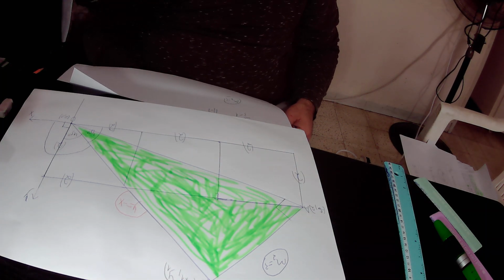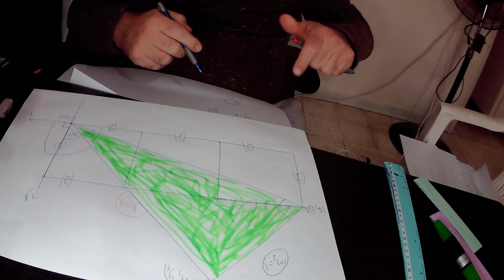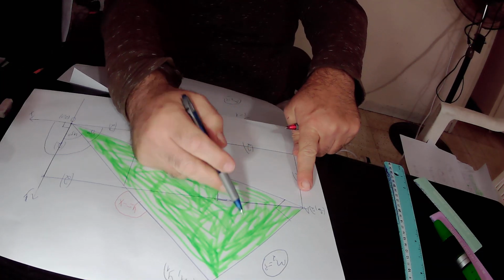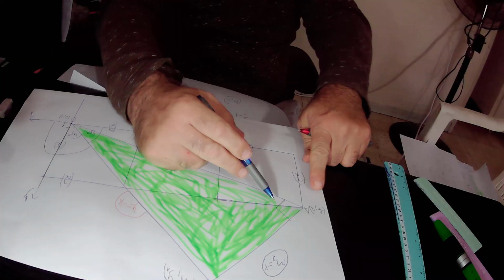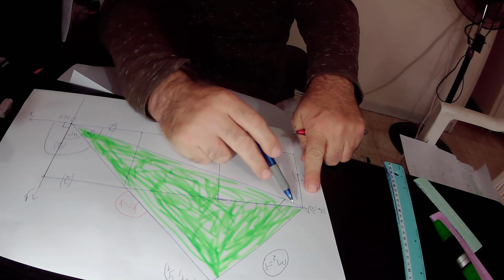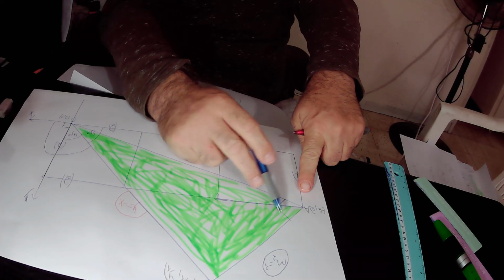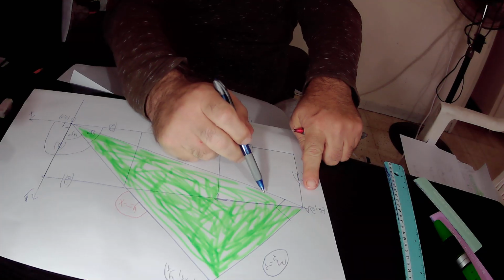Now it is very easy to find the equation of the straight line AB. Why? Because point A is definitely located on the straight line AB, and we have the slope.